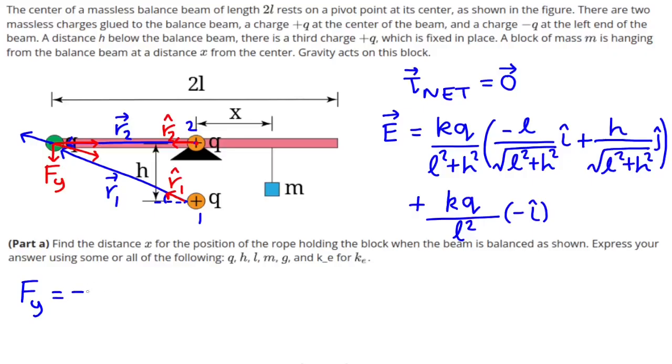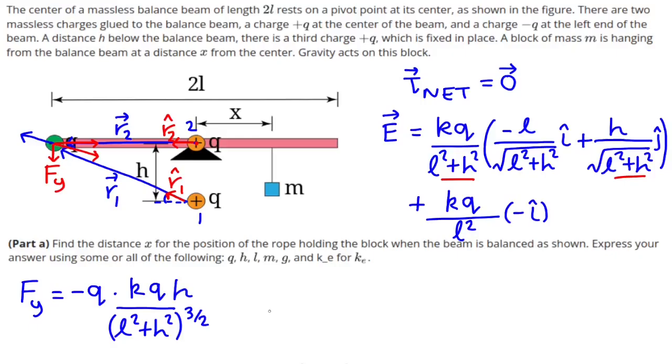That will be the charge, minus Q, by the vertical component of the electric field. So that will be k times Q, and multiplying these two terms, we get L squared plus h squared to the power of 1 plus a half, or 3 on 2, and that's multiplied by h.